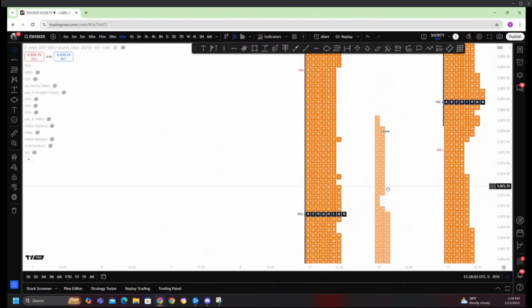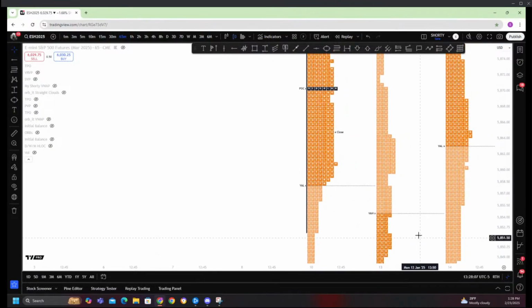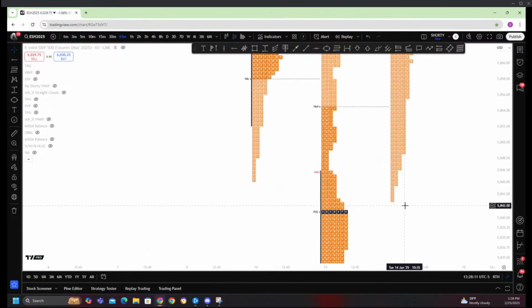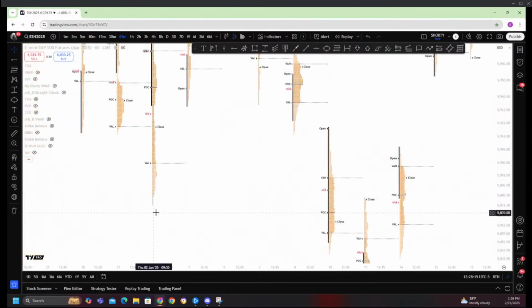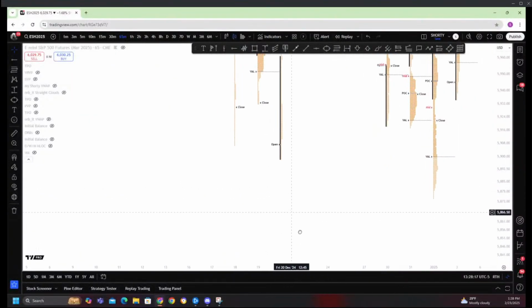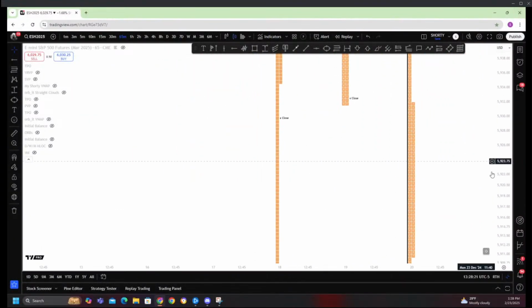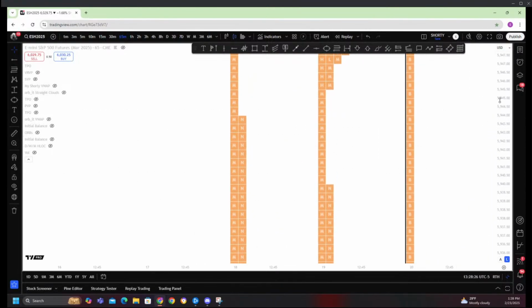Where was the spike, the nice one that we had not too long ago? Let me find some. Something here smells funny. Okay. Found it.